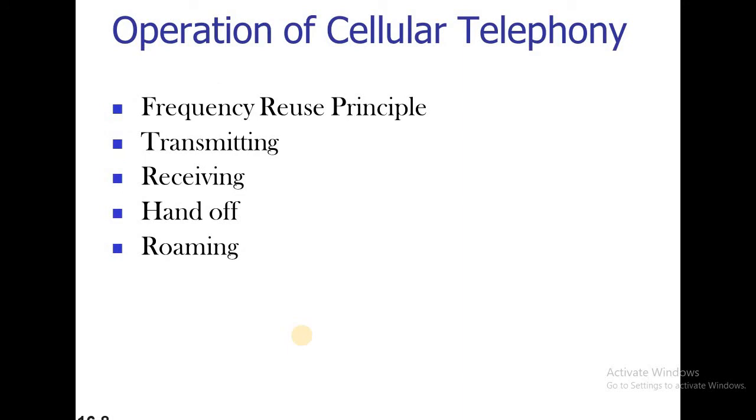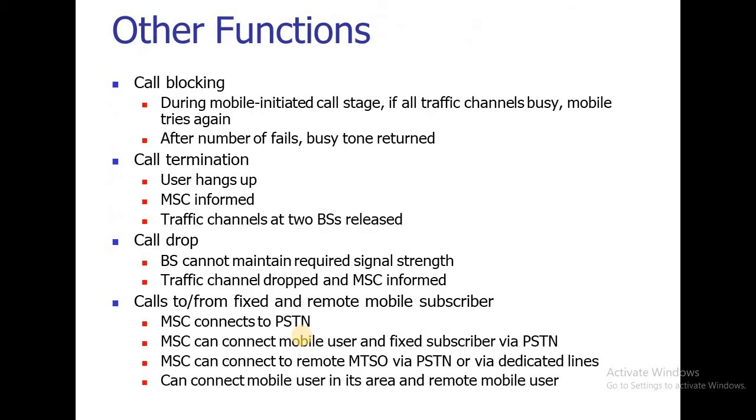The operations of cellular telephony: the first operation is the frequency reuse principle. Next are transmitting, receiving, handoff and roaming. There are some other functionalities like call blocking. Call blocking occurs when we don't get the available bandwidth for a channel, and after a number of trials you get a busy tone.